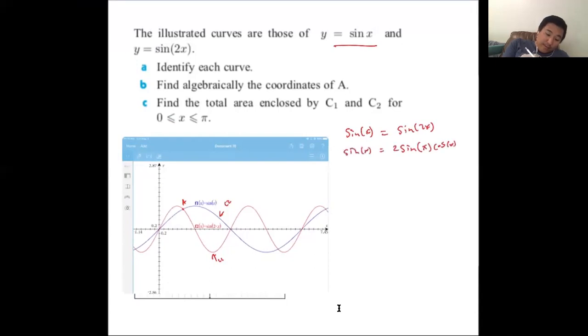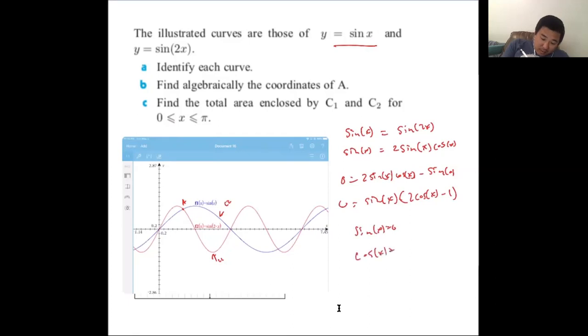Bring it to the other side. 0 equals 2 sine x cosine x minus sine of x. So we have sine of x times (2 cosine of x minus 1) equals 0. Sine of x equals 0, and then cosine of x equals 1/2.